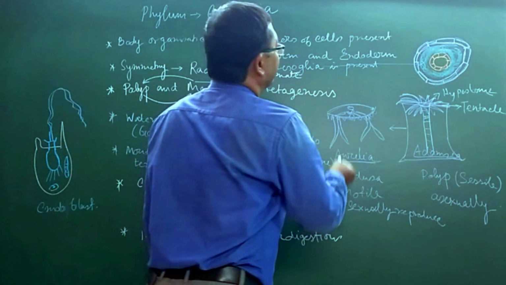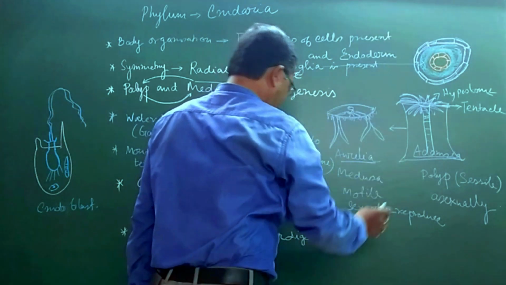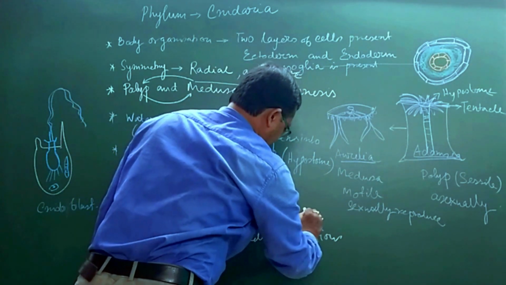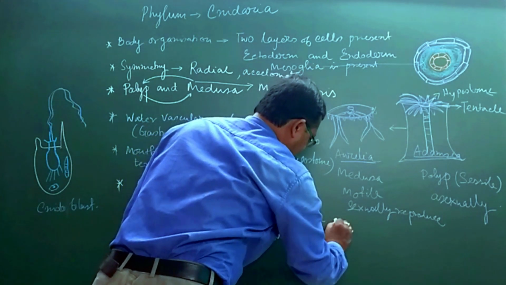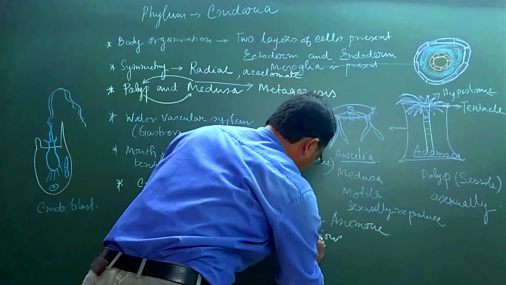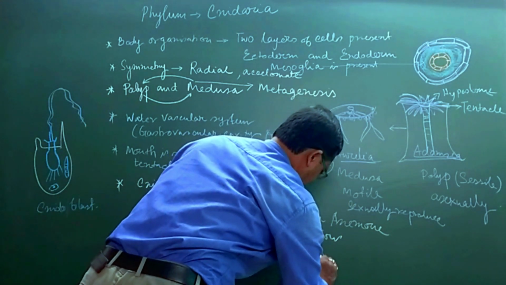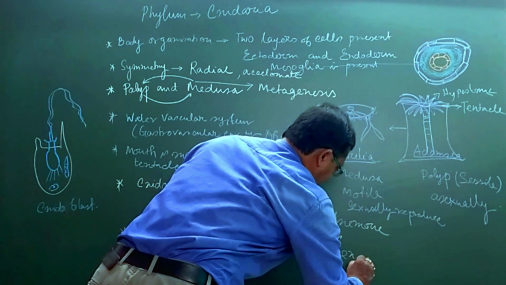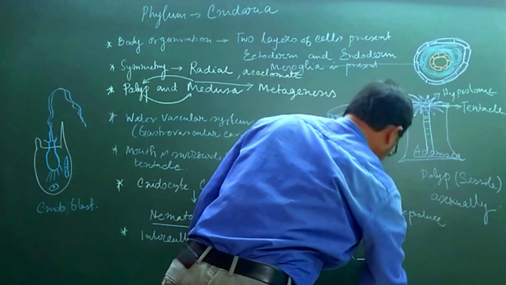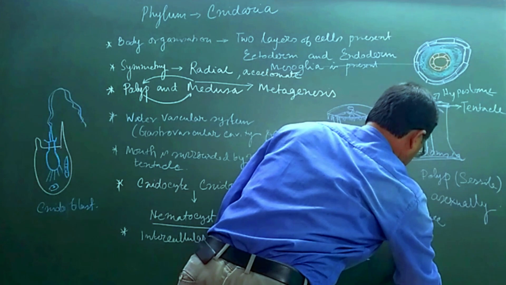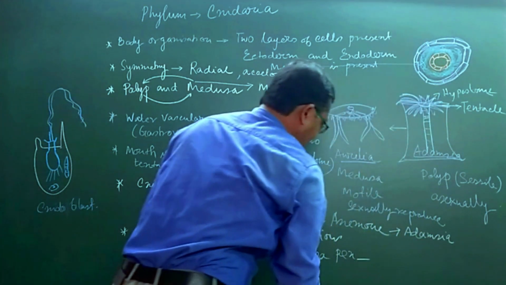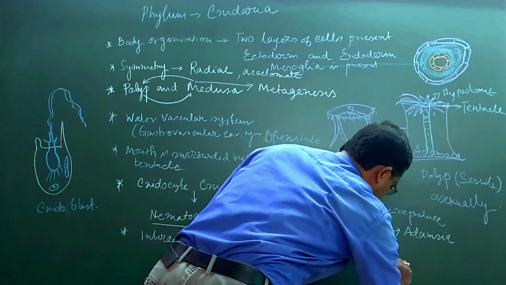Different examples: sea anemone, Adamsia. Sea pen, Pennatula.